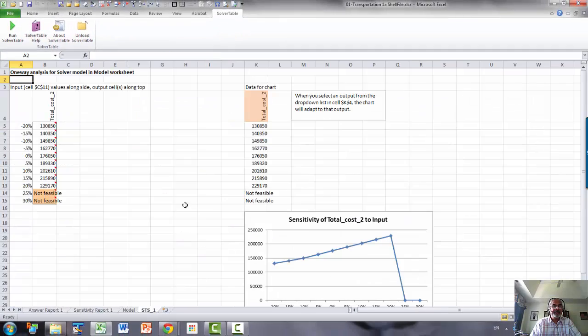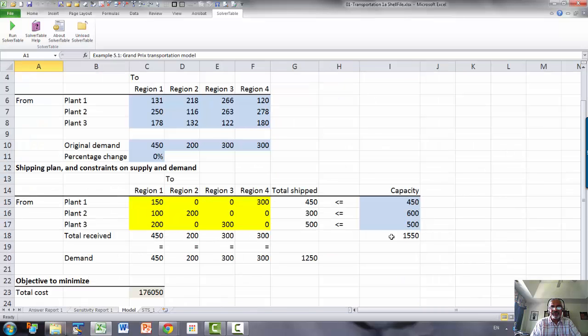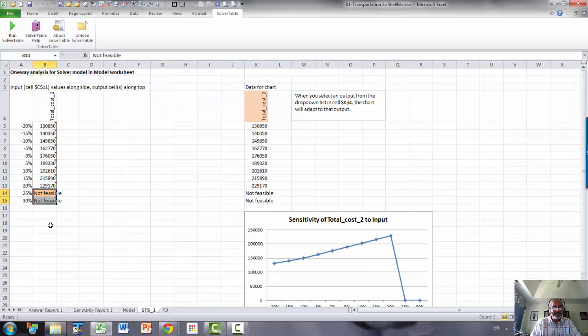Click OK. Now you see the Solver Table report, and the last two are infeasible because we do not have sufficient capacity to meet the total demand if it goes up by 25% or 30%. Up to a 20% increase in demand we can handle, and these are the costs.